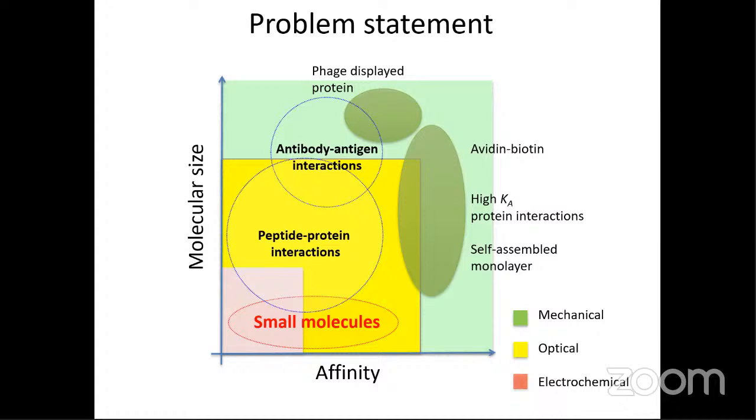In the yellow area, optical-based methods like SPR or LSPR can detect the presence of the molecule as well, but this is with refractive index changes.